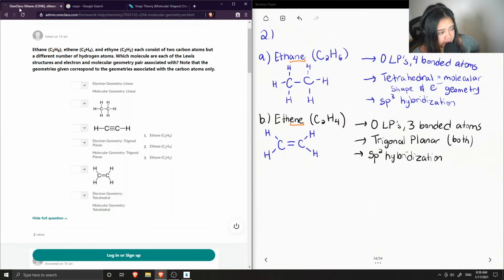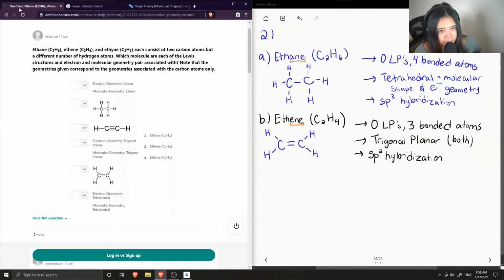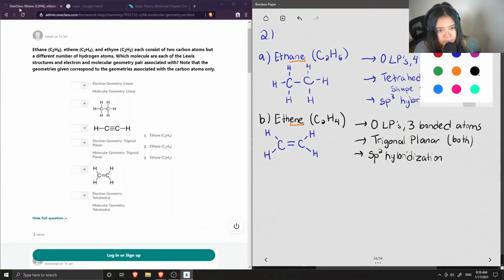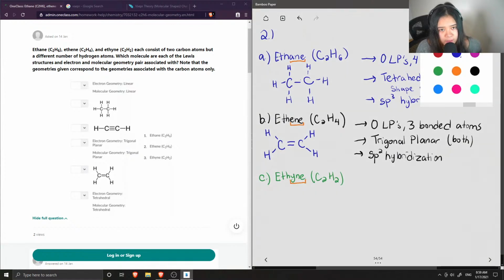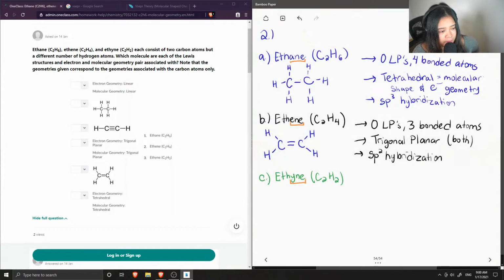Okay, so lastly we have ethyne, C2H2. So this ends in yne, so this means that there is a triple bond in between our 2 carbons.